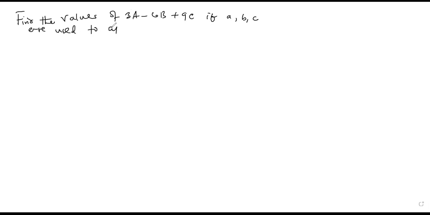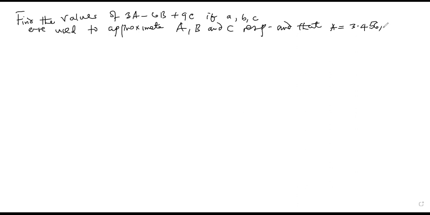What if they say find the values of 3A minus 6B plus 9C, if A, B, and C are used to approximate A, B, and C respectively, and that A is 3.456, B is equal to 2.67, and C is 1.6784.